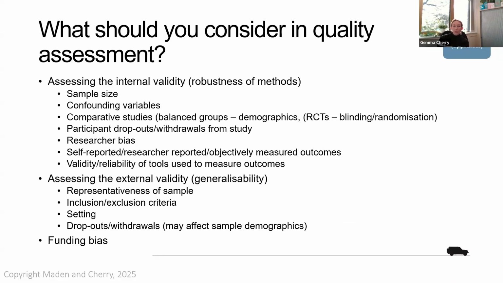And there are lots of different tools that will help you to assess the quality of included studies. But what you want to be thinking about essentially is how robust are the methods that the authors have used? How generalizable or externally valid are the findings? And are there any sort of external sources of bias, like funding bias, that may have made researchers report certain findings over others?